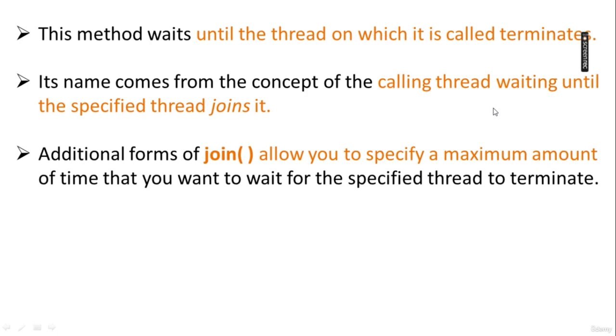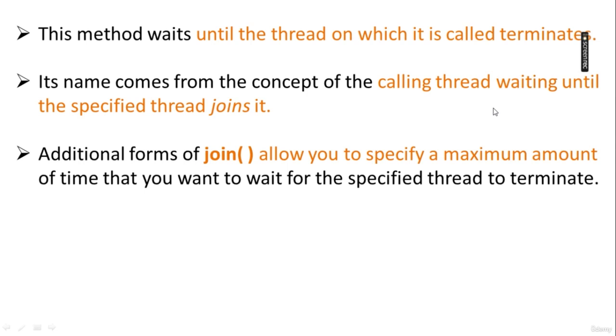This join method is more important than the isAlive method because it waits until the thread on which it is called terminates. Its name comes from the concept of the calling thread waiting until the specified thread joins it.